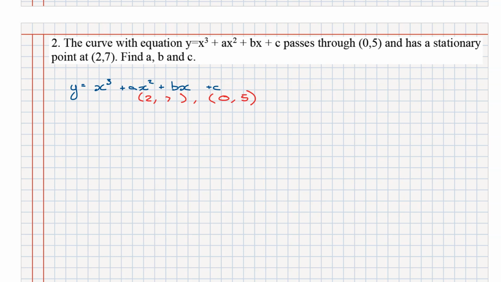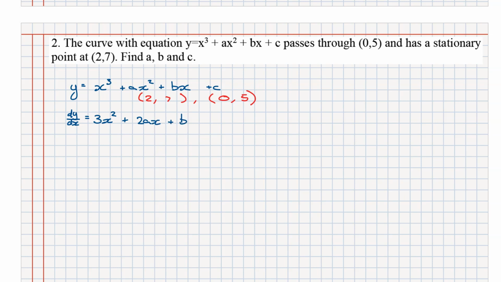Now, if these points lie on this equation, and (2, 7) is a stationary point, what we can infer is that if we take the derivative, dy over dx is 3x squared plus 2ax plus b.